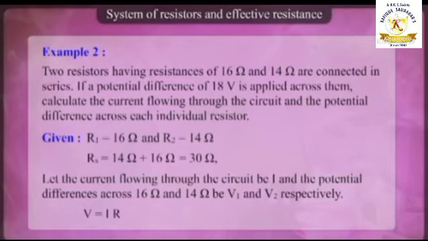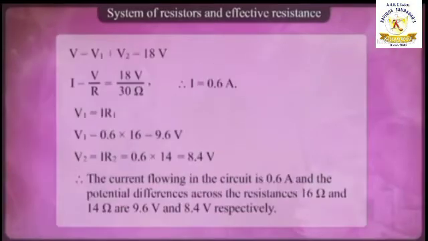Now V is equal to IR. V stands for potential difference, I is the current and R is the resistance. When we have to find out the potential difference, the formula is V is equal to I multiplied by R. And in the question, V is equal to V1 plus V2, given as 18 volts.